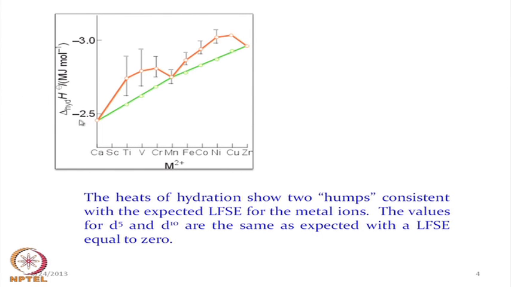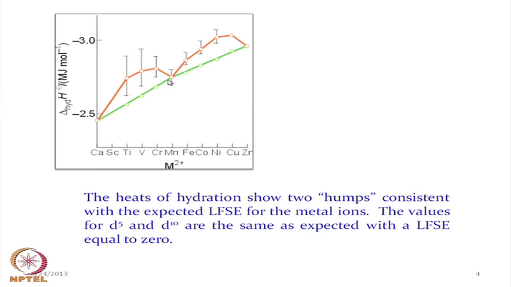So, again we can directly write down the double-humped curve, which is very similar to that of our lattice energy, but the energy axis is different. It is the delta hydration H0 in kilojoule per mole, and these values have an error bar depending upon the measurements and the salts used.